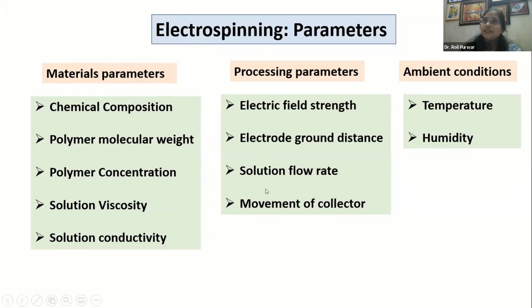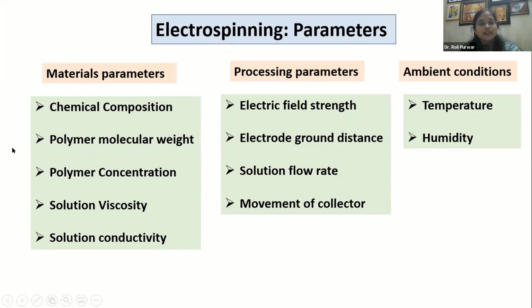All these parameters will affect the final diameter of the fibers. I'll take up all these parameters and show you some examples related to each parameter, how it will affect the fiber diameter, or what we will get while running the electrospinning machine when we vary these parameters.